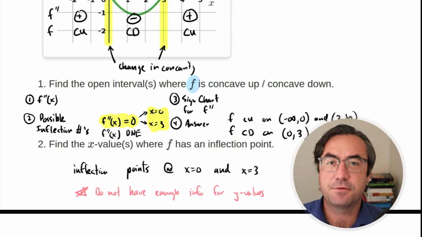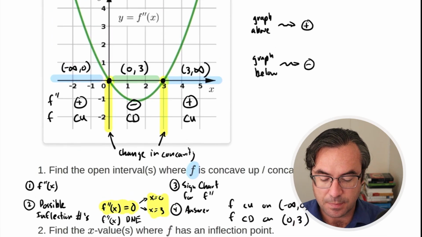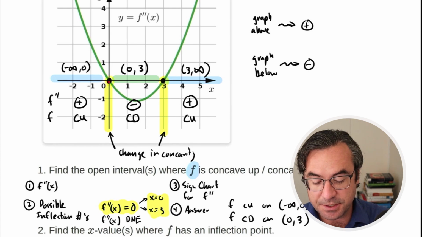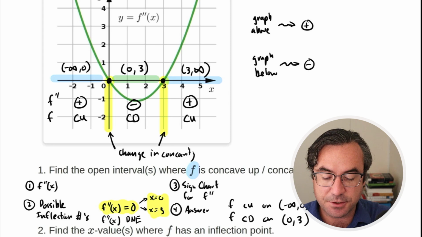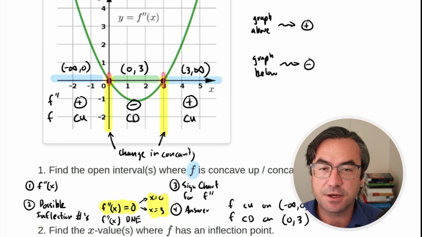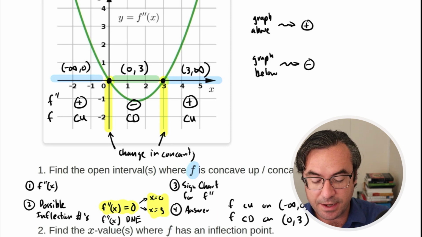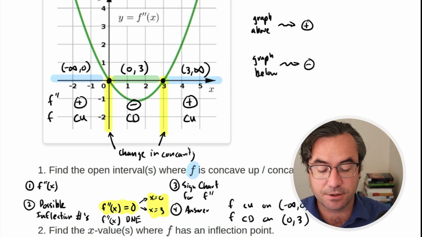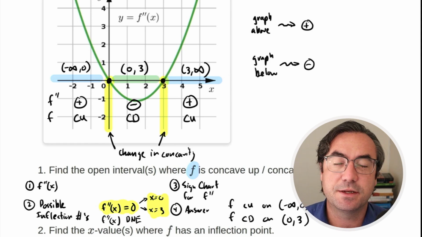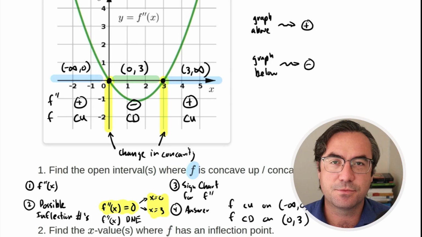We only have enough information here to identify that we do have an inflection point at x equals 0 and x equals 3. These aren't the inflection points themselves, because we're looking at f double prime, but this is telling us where our original function f would have an inflection point. It would have an inflection point somewhere at x equals 0, and somewhere at x equals 3, but we don't know how high up or down the inflection point would be. We don't have enough information here.